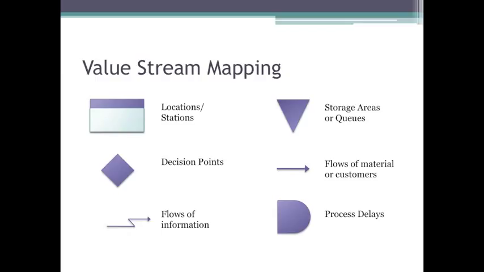We have a symbol for that. We have flows of material, where the physical good in the process goes from beginning to end. But we also have flows of information. Things like orders, things like designs. And of course we have process delays. All of these symbols we will use in a process flow map.